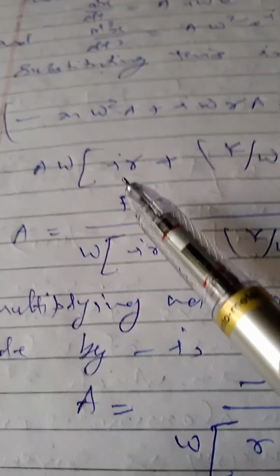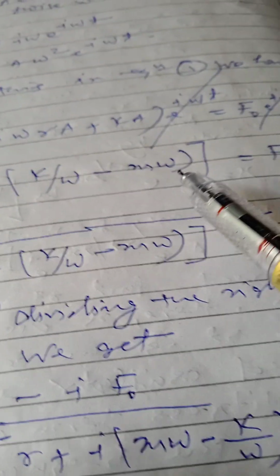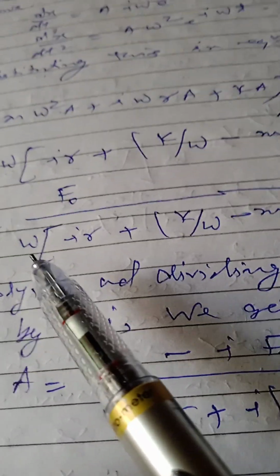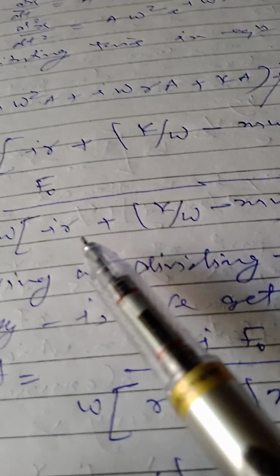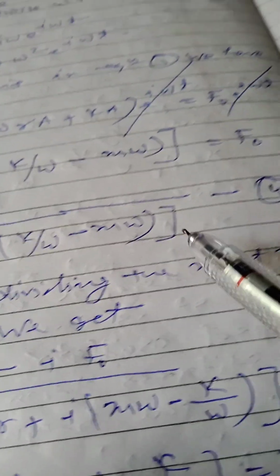Then we have a times i omega r plus k minus m omega square is equal to f naught, and a is equal to f naught divided by i omega r plus k minus m omega square. Equation number 4.